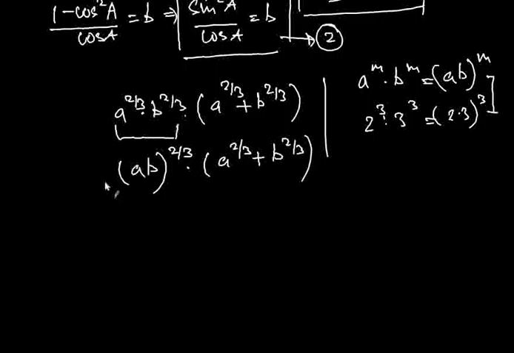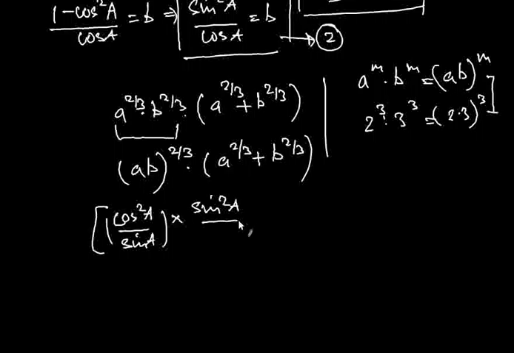Now we'll just take care. So what we have is A. So A was equal to, I think it was equal to cos square A divided by sine A, right? This is A. This into B, which was sine square A divided by cos A, right? So this is A multiplied by B. This whole thing is raised to the power 2 by 3.